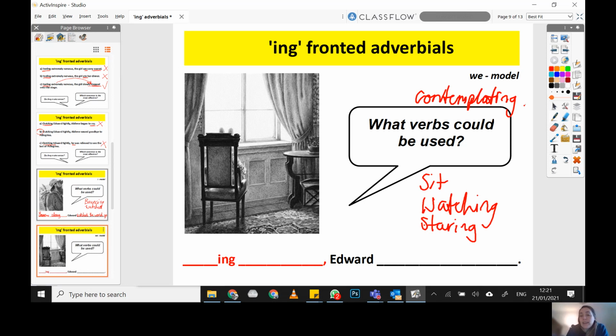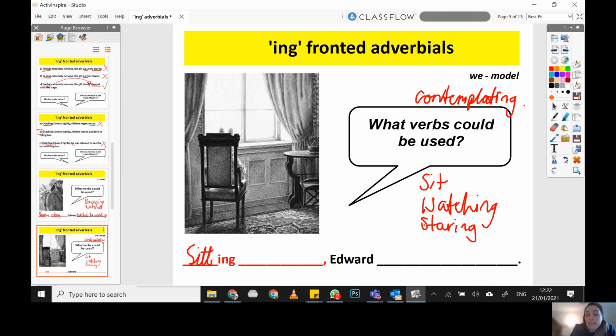Hopefully you've been able to say watching and staring are basically the same things. So I don't want to say staring out the window, Edward watched the world go by, because I've just repeated myself. I've not added any value. So maybe I'll say sitting. Oh, I don't need to put the ing. It's already there for me. Sit.